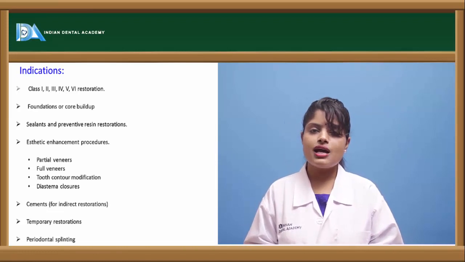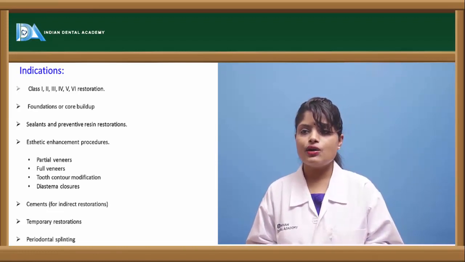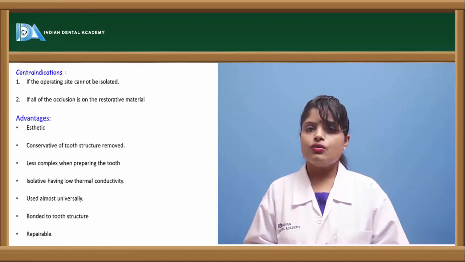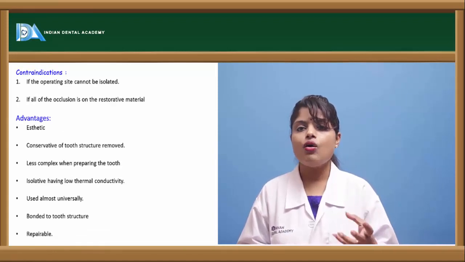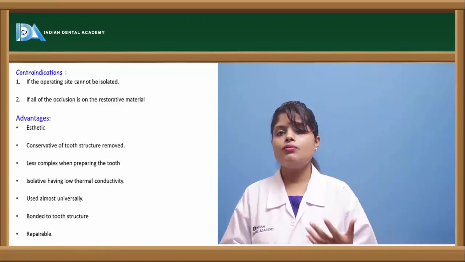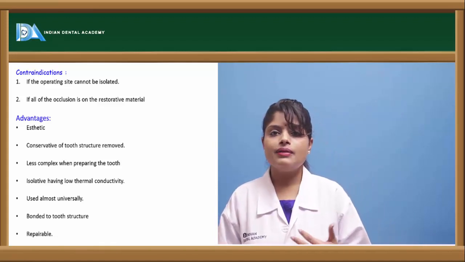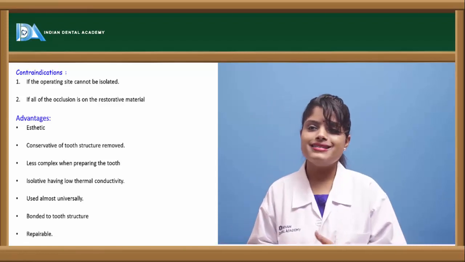It can be used as a cement for restoration, as a temporary dressing material, and for periodontal splinting. The main contraindication of composite is that it should not be placed in a cavity in which there is high occlusal stress, or where isolation is not proper or cannot be achieved. In such cases, composites are contraindicated.